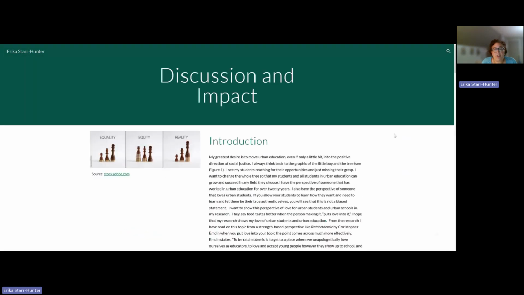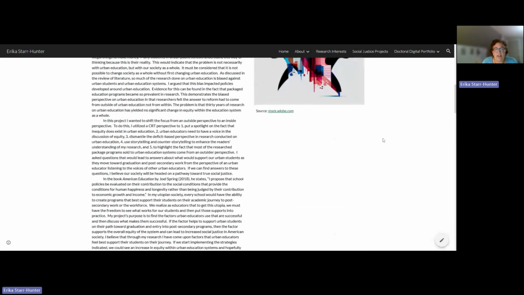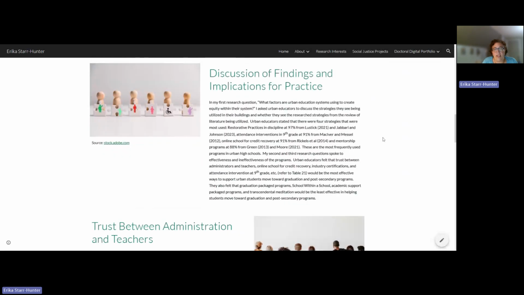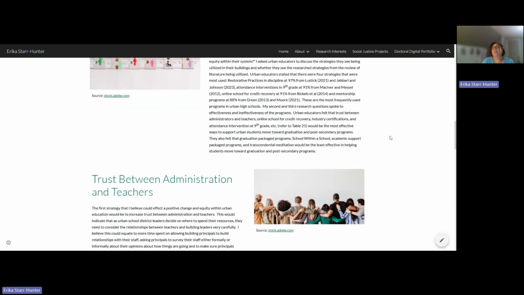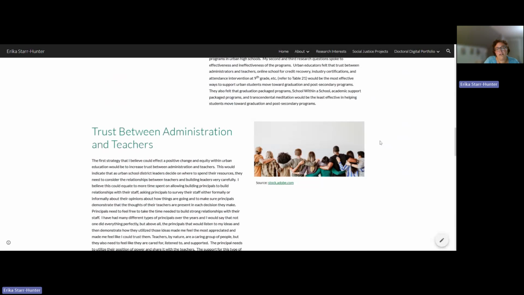Okay, so discussion and impact. What I feel are the most effective factors, well, not easy to implement, but factors that I think would be the most effective in urban education based on my own experiences and results from the survey.